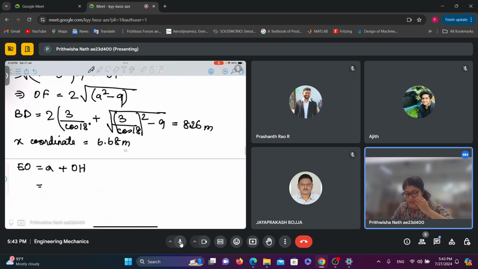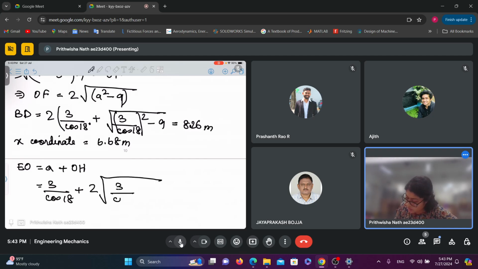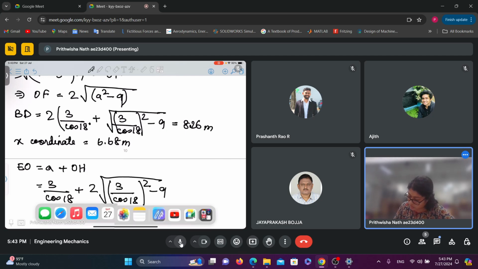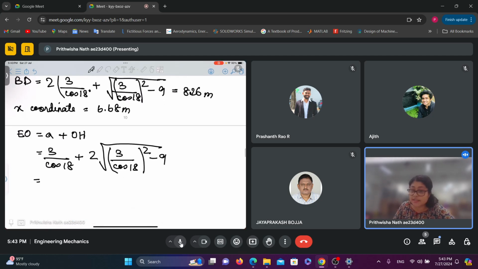Now I just substitute this. A was 3 by cos 80. This comes out to be 5.10 meter.